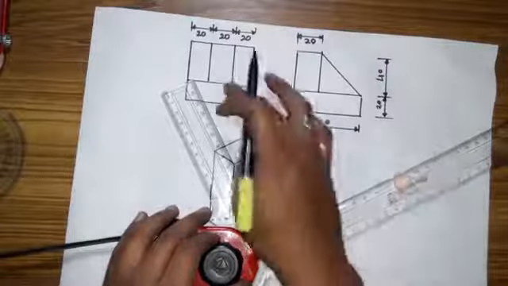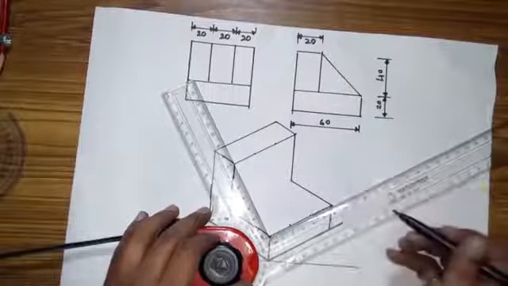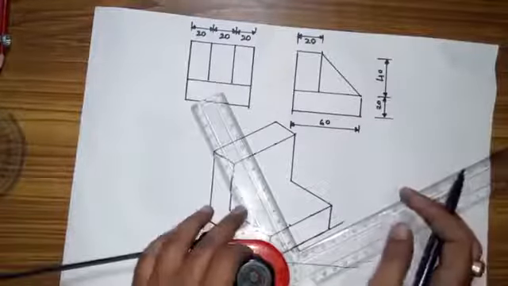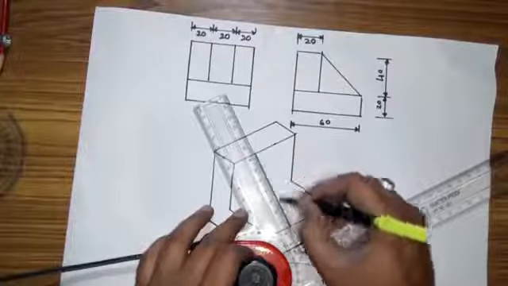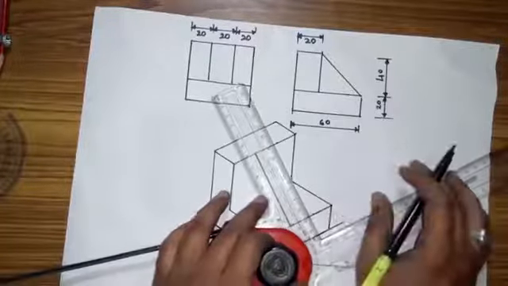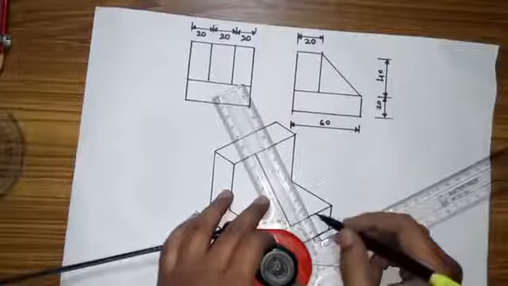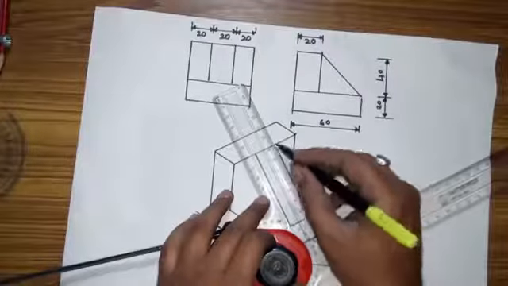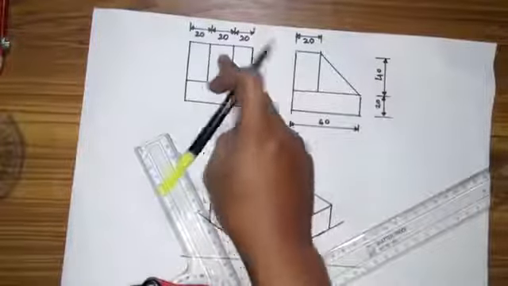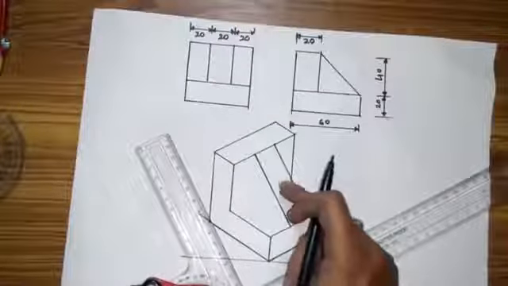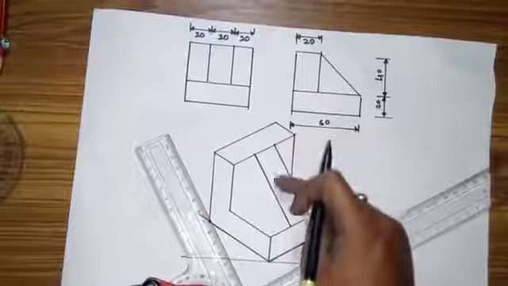From here till here also 20 mm, 20 mm. Then draw these lines. From the front view I am seeing this slant surface, and this box here.